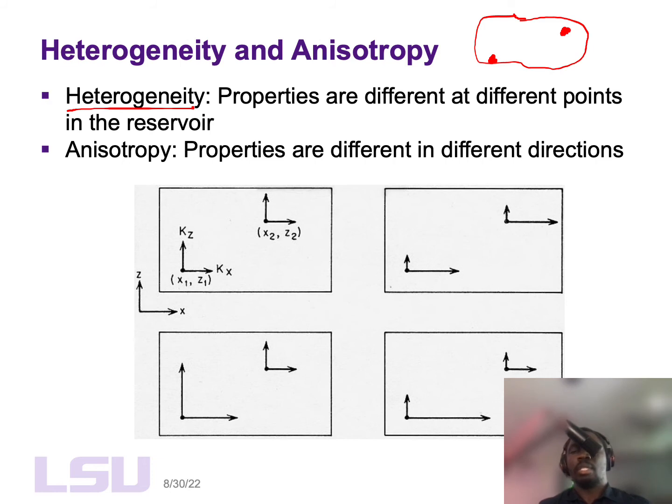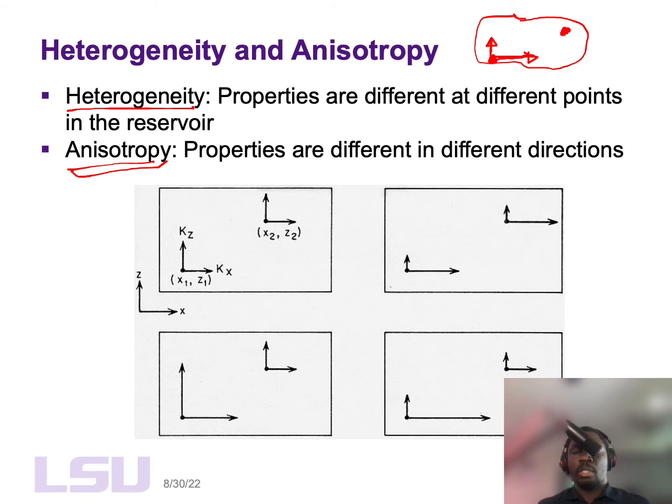So that is heterogeneity. The properties are different at different points in the reservoir. But anisotropy deals with the direction, right? The value of the property in this direction could be different from the value of the property in this direction. That is anisotropy.